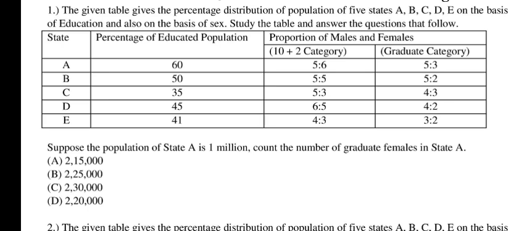Then the proportion of males and females in the 10 plus 2 category: 5 ratio 6, 5 ratio 5, 5 ratio 3, 6 ratio 5, 4 ratio 3. In the graduate category: 5 ratio 3, 5 ratio 2, 4 ratio 3, 4 ratio 2, 3 ratio 2. So this is the table that we have got.